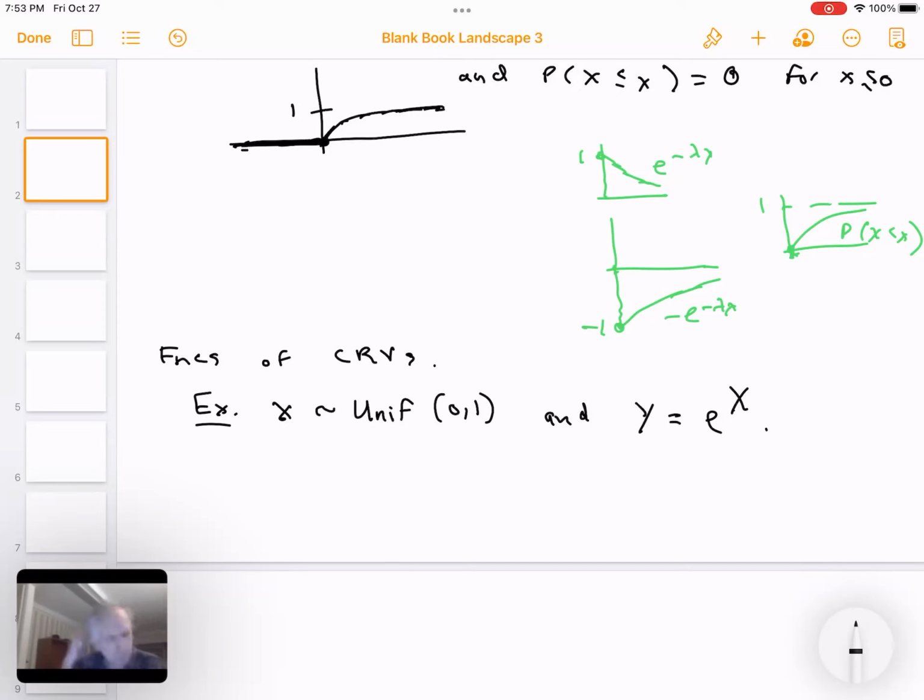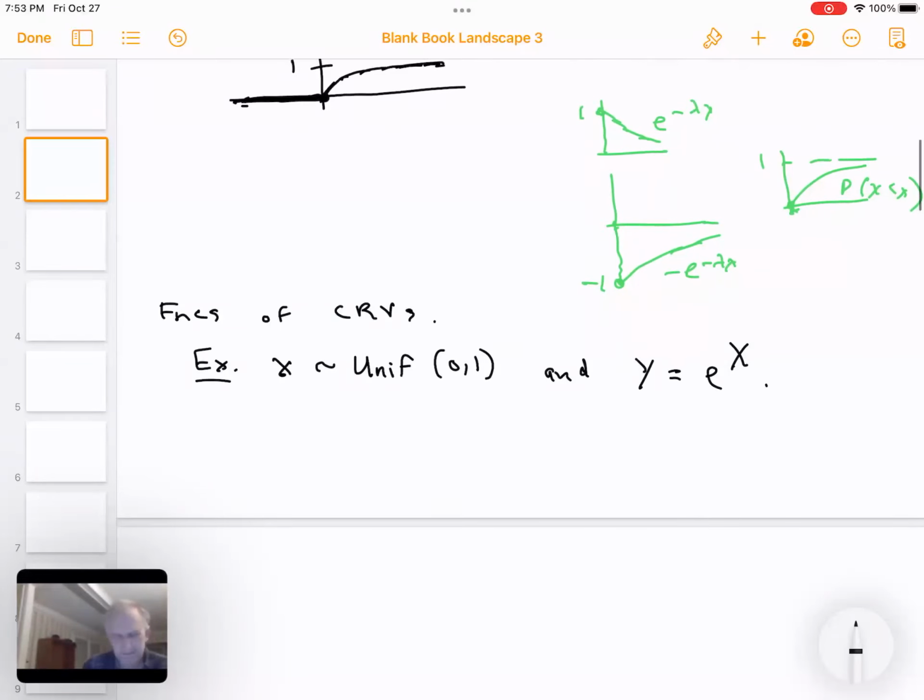It shouldn't be hard to realize that, because I have a random variable X that satisfies the axioms of probability, it's a continuous random variable, and now I just map that under this function to Y, so Y is also random, and it is also a continuous random variable.